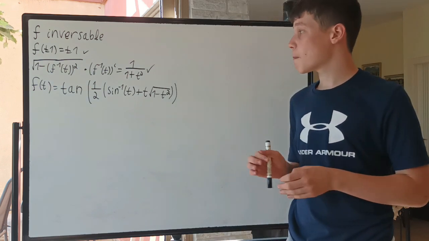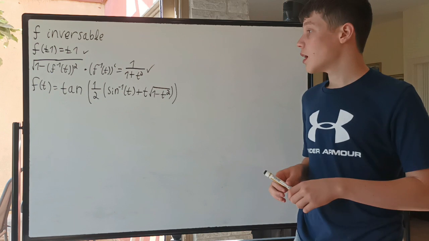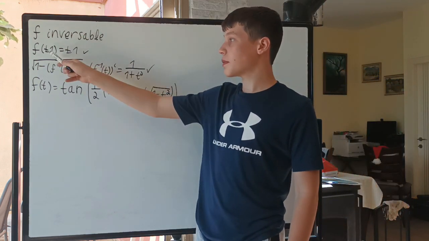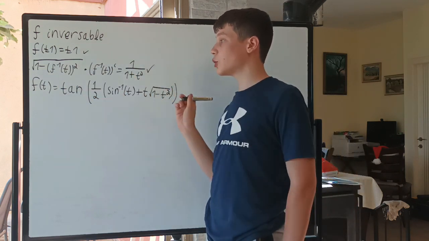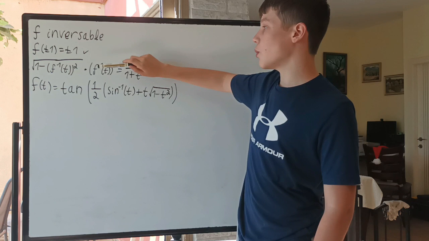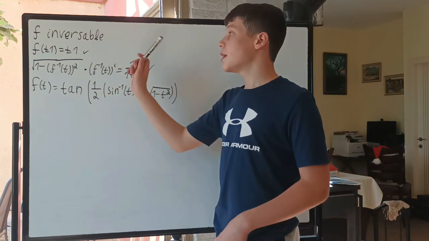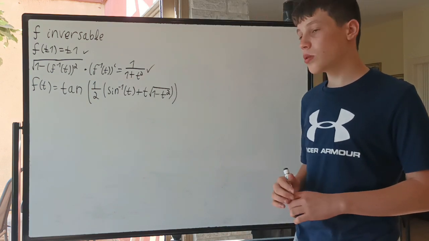Okay? So, just as a quick recap, we want to show that this function is invertible, that f of plus minus 1 is plus minus 1, and that it satisfies this differential equation. So we already showed these two. In fact, we got f from this differential equation. Now we just need to show f is invertible.